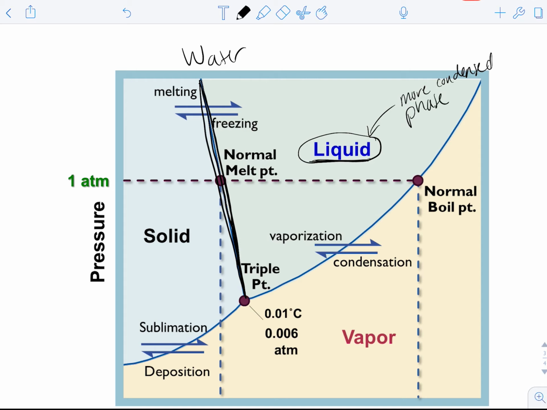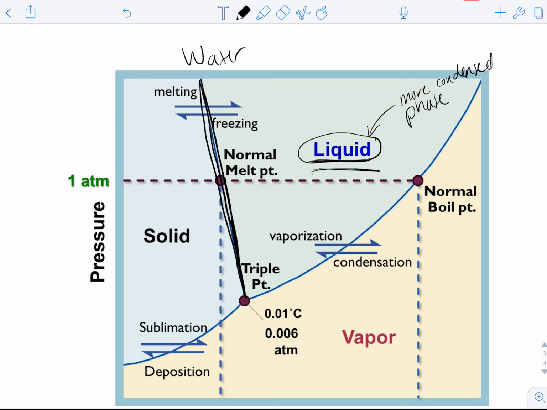Meaning that our particles are closer together in the liquid phase than in the solid phase, which is why ice floats, right? So because of this, when we increase pressure, maintaining a temperature will actually go to the more condensed phase of water, which is liquid. So this is just an anomaly, and I wanted to point that out to you guys.